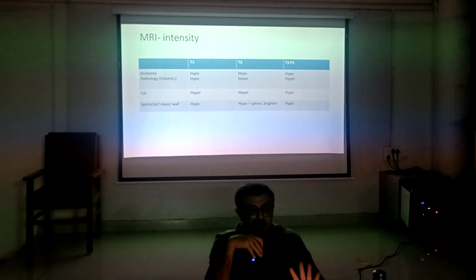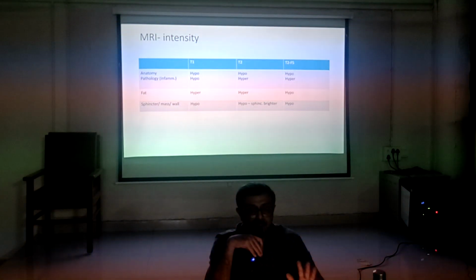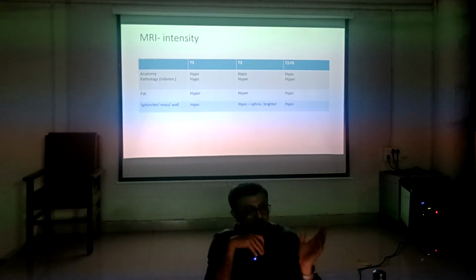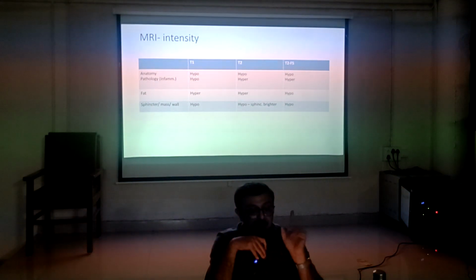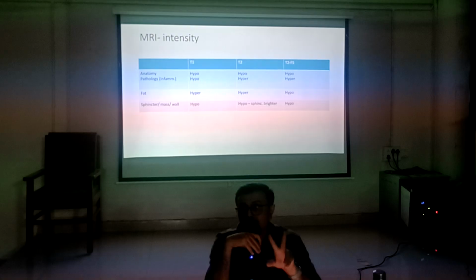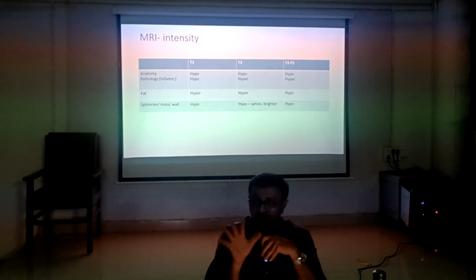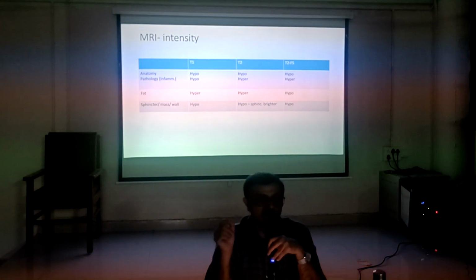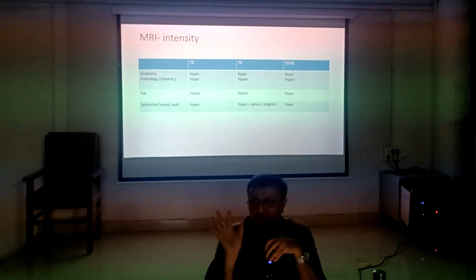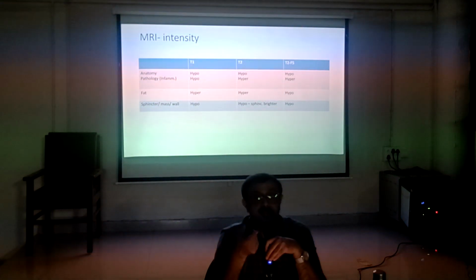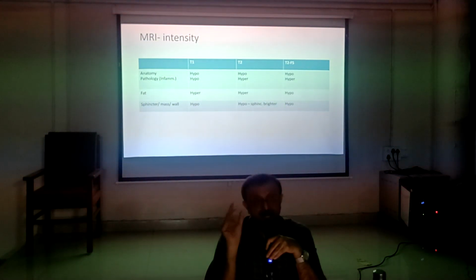Pathology, meaning inflammation, is hypo in T1 and hyper in T2. So, simplified version: T1 is anatomy, T2 is pathology. When you see a T1 image, it is anatomy. To identify pathology, you have to look at T2.